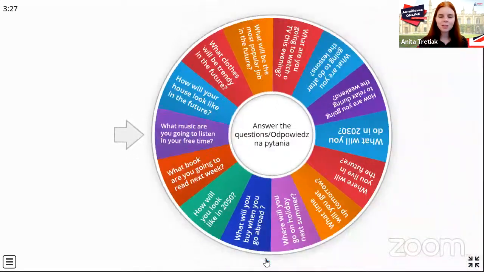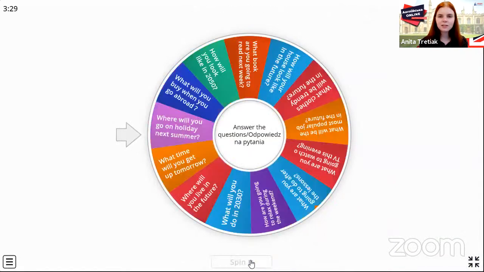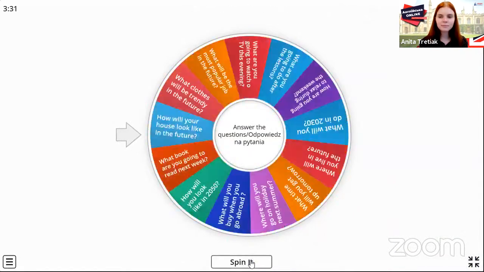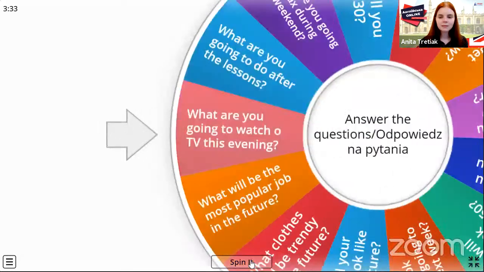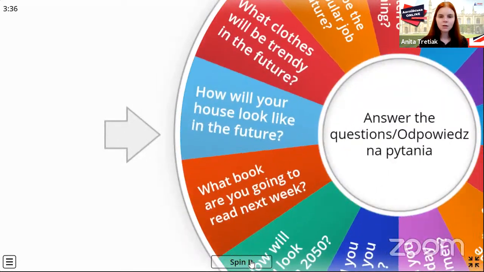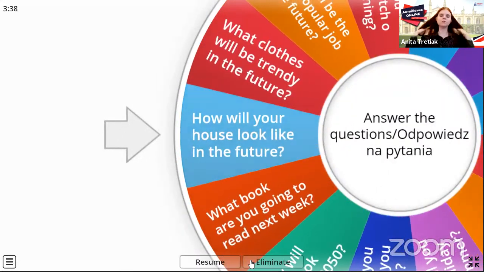Okay, one more question and then we're finishing. Oh, that's an interesting question. How will your house look like in the future? So as for me, I really do hope that I'm gonna have an apartment or maybe a house, not very big, maybe three rooms or something, except for a kitchen.